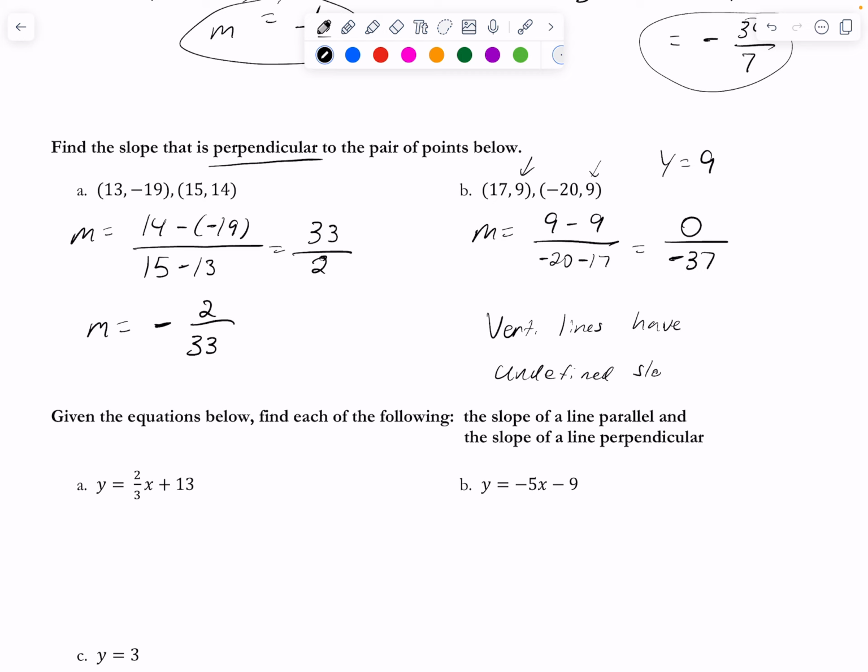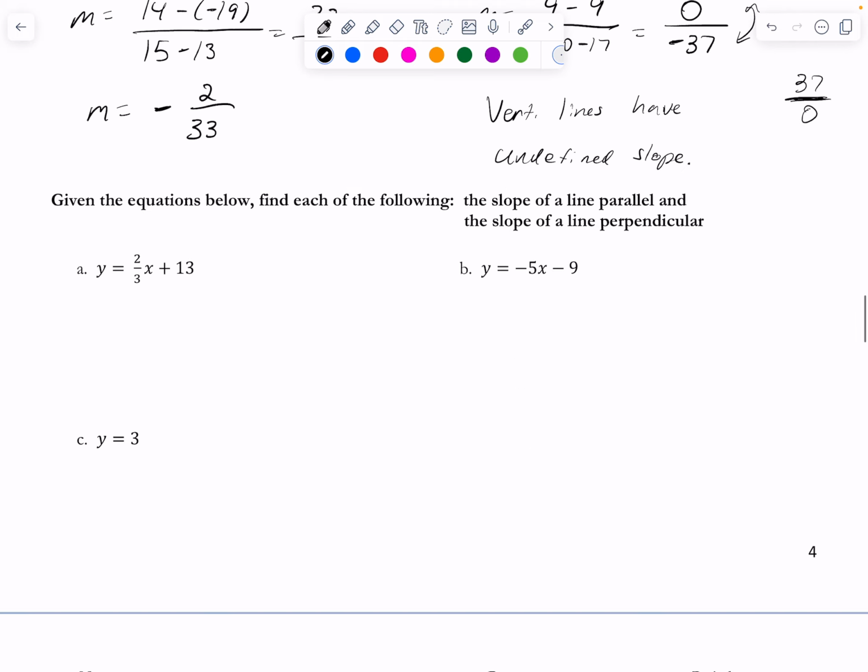If you didn't get that, that's okay. You can always flip this and make it the opposite, so it becomes a positive 37 over 0. And you should know in your math career that you cannot divide by 0. That would be undefined.